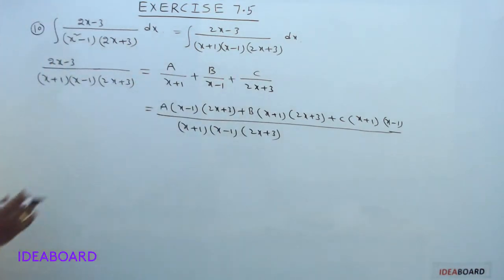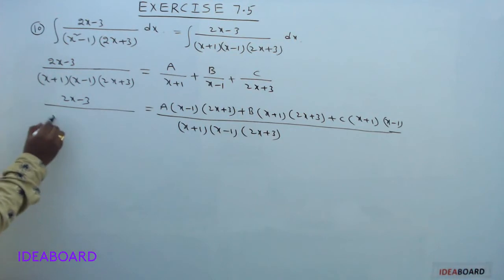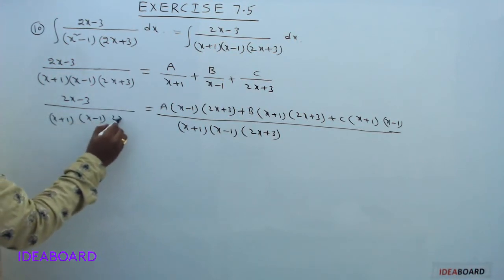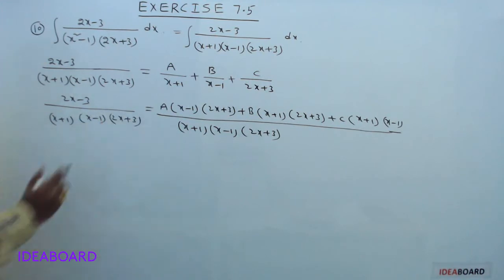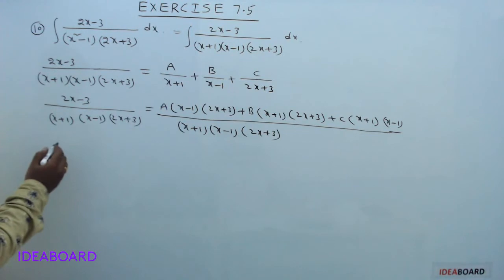Then write down the LHS value as it is: 2x minus 3 divided by x plus 1 into x minus 1 into 2x plus 3. Now cancel the denominators on both sides.